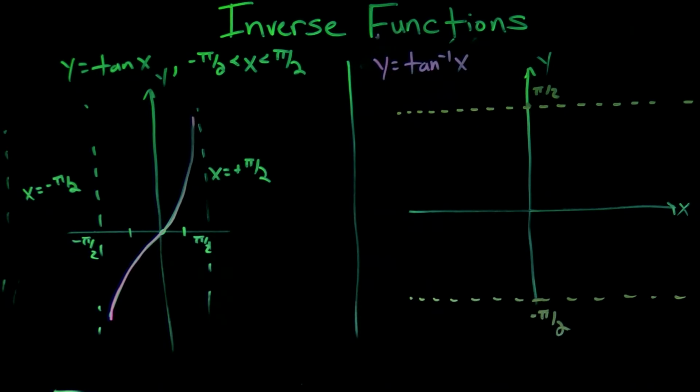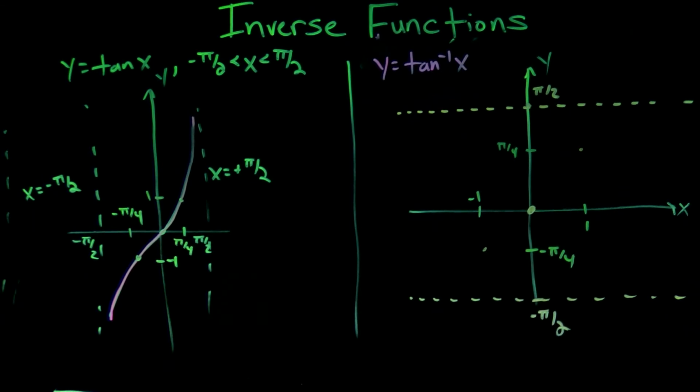Okay, the point at the origin stays the same because you flip the coordinates of (0, 0), you still get (0, 0). We have a point here at (negative pi over 4, negative 1), and we have a point at (pi over 4, positive 1). So they would flip to the points (negative 1, negative pi over 4) and (positive 1, positive pi over 4).